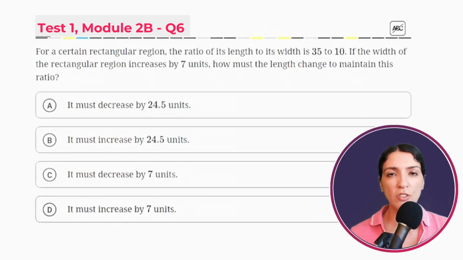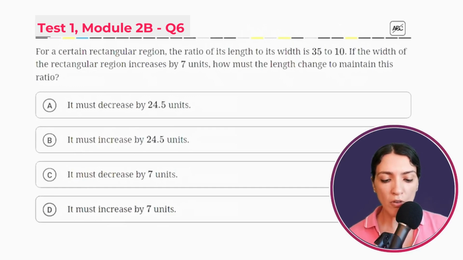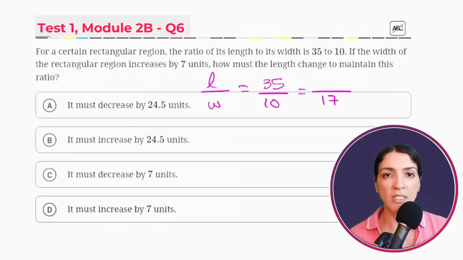This question also involves ratio and proportions, and we're given the length and width of a rectangle and we're asked to preserve the ratio. So initially, we're told that the length of this rectangle was 35 and the width was 10. Now, the width has increased by 7, which means it would become 17, and we're asked about the length.